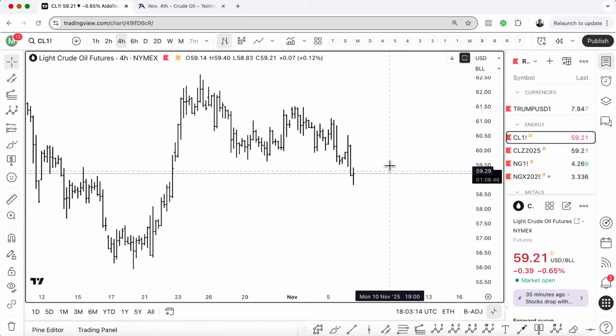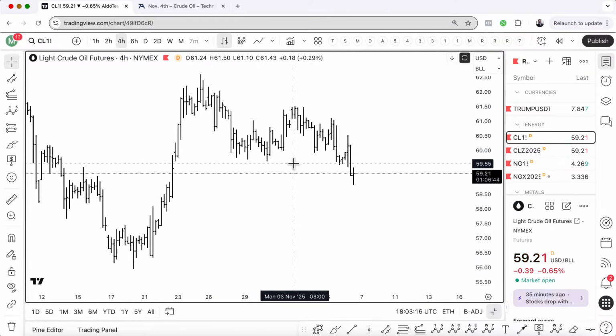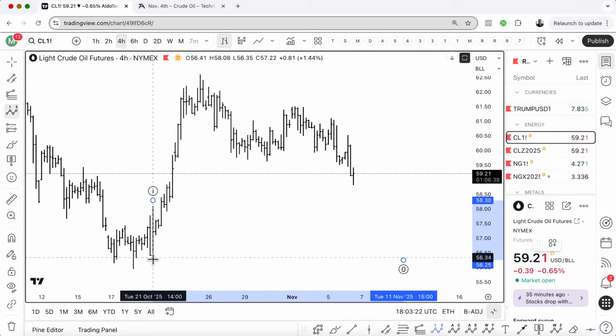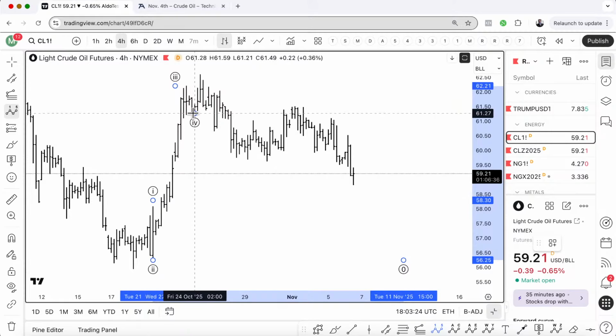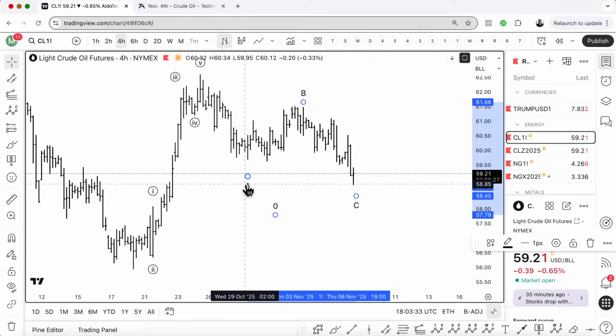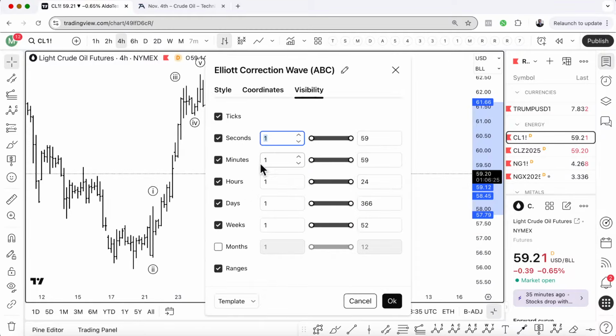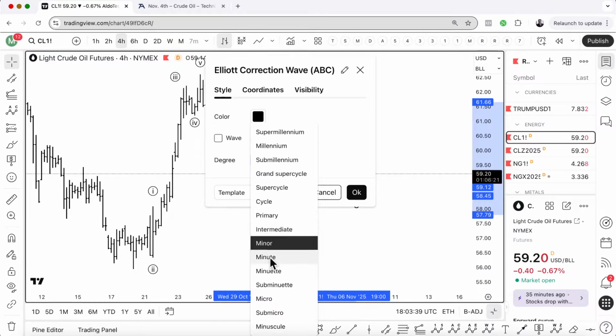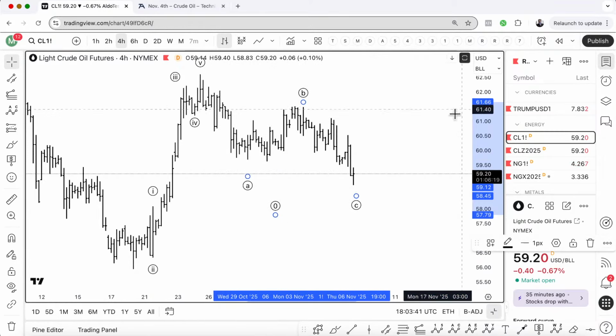If you try to take this trade here, let's label this again. We have said this is 1, 2, 3, 4, and 5, and this is an A, B, C, right? Let's say that this is an incorrect degree, so let's make the right degree. I think it should be minute.